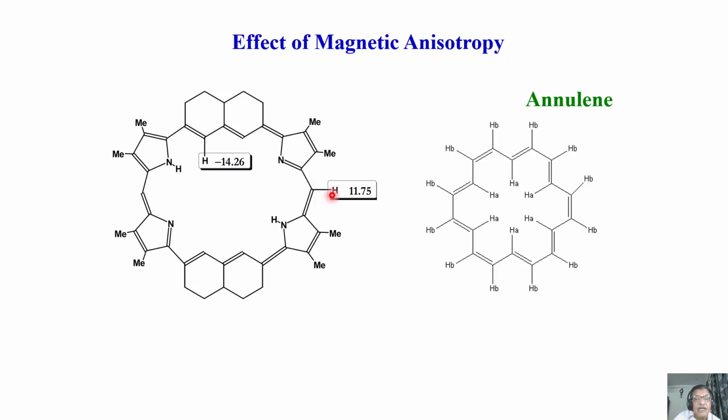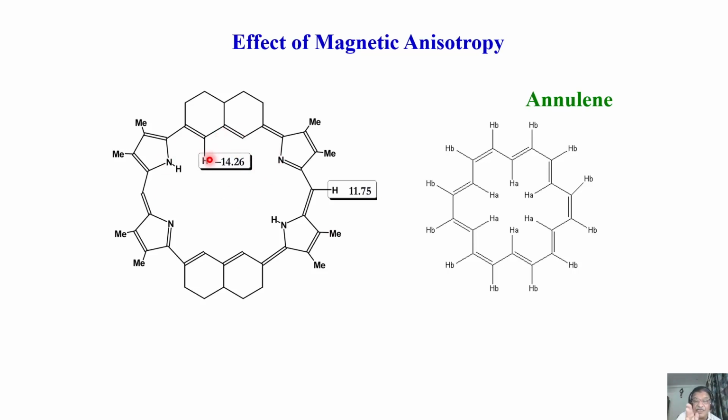Look at this one. The protons which are projecting outside, this one, come at very much downfield, nearly 11.75 ppm. Look at this proton which is inside. Here it is more shielded. The shielding effect is much more here. As a consequence, this proton comes at minus 14 ppm.